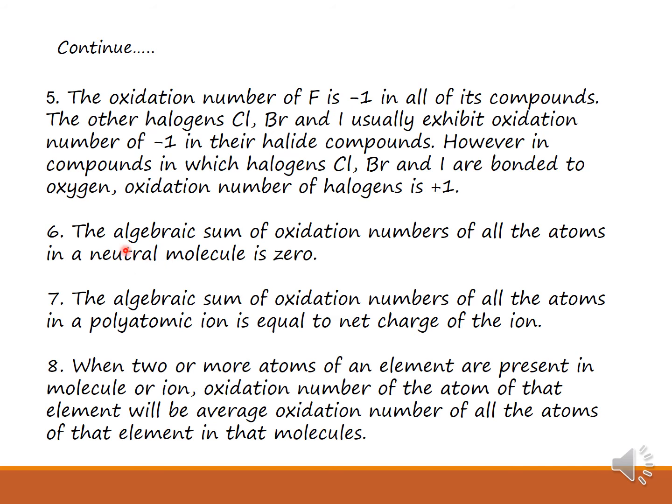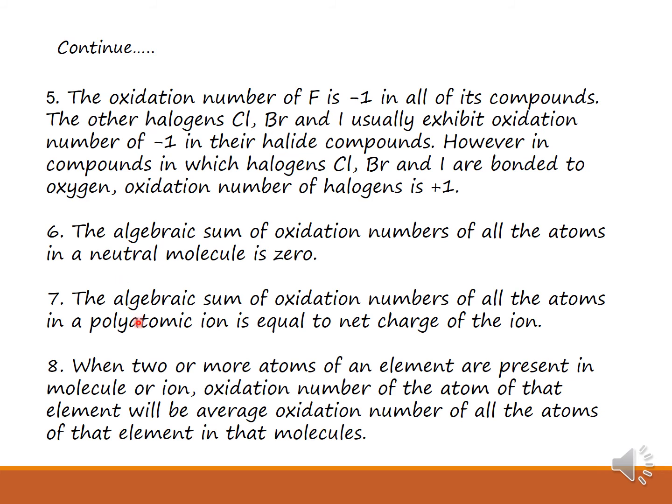Next rule is the algebraic sum of oxidation number of all the atoms in a neutral molecule is 0. That means if you are adding all the oxidation numbers of the elements present in the compound, the summation has to be 0 if you are talking about a neutral molecule.